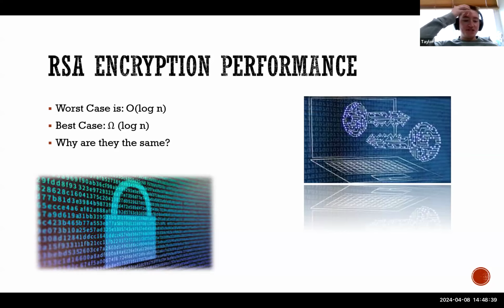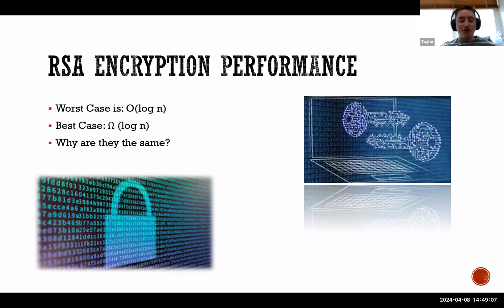The modular exponentiation step is typically performed using the square and multiply algorithm, which has a time complexity of Omega(log n), because the number of multiplications required to compute x to the y mod n is proportional to the number of bits in the binary representation of y, which is log 2 y.